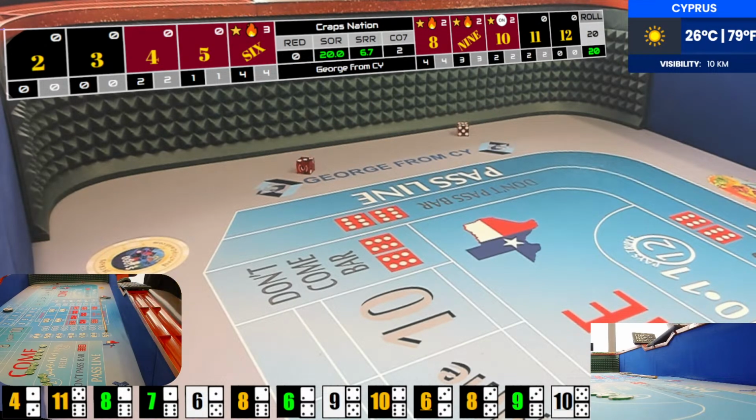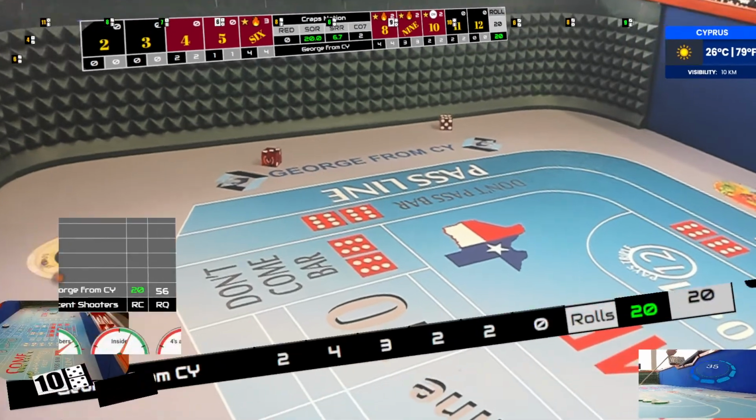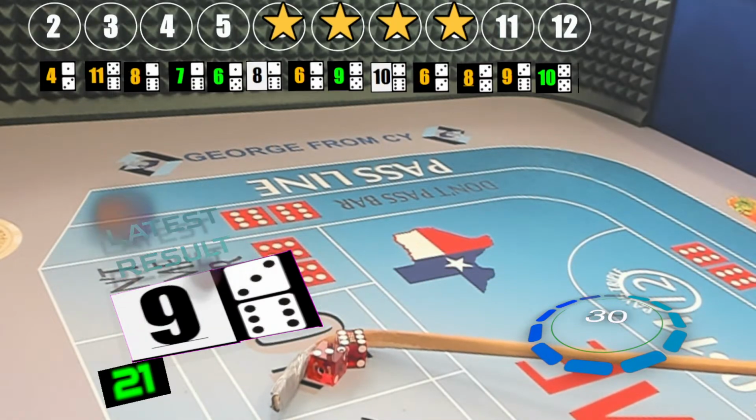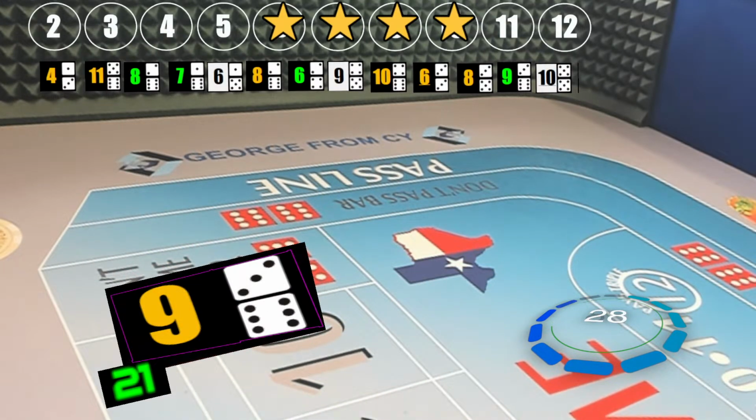Let's say 3, 6, 9 primary. Let's hit 14.